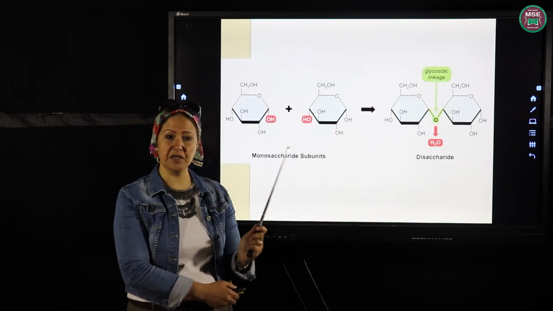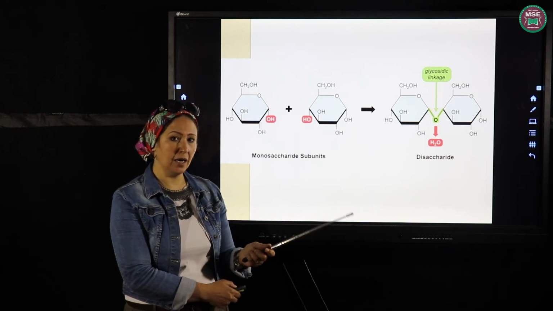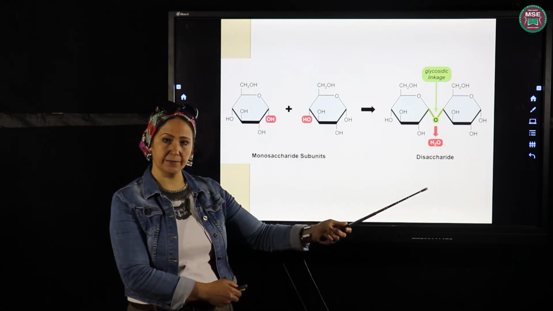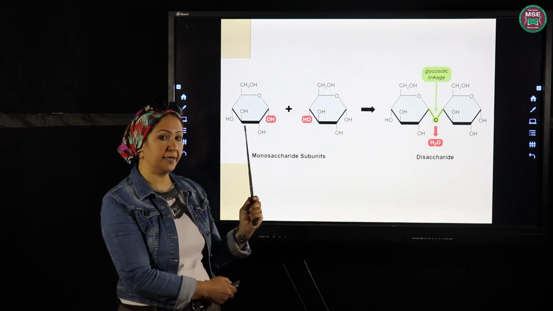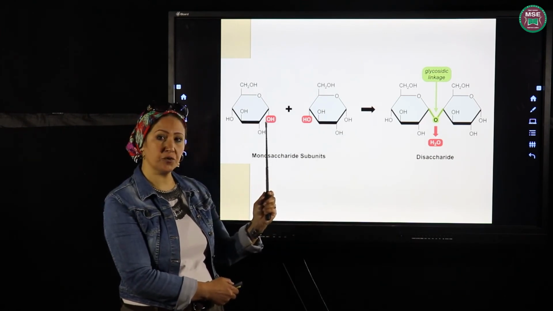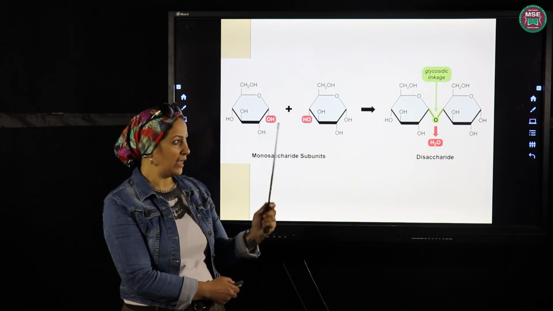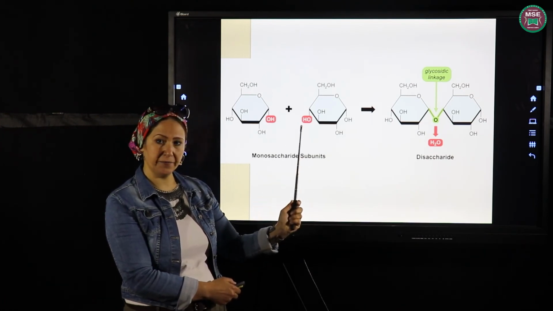This figure shows how the monosaccharides join together to form the disaccharide. So we have here a monosaccharide. Here we have an OH group, which we call the hydroxyl group, and we have another OH group here.